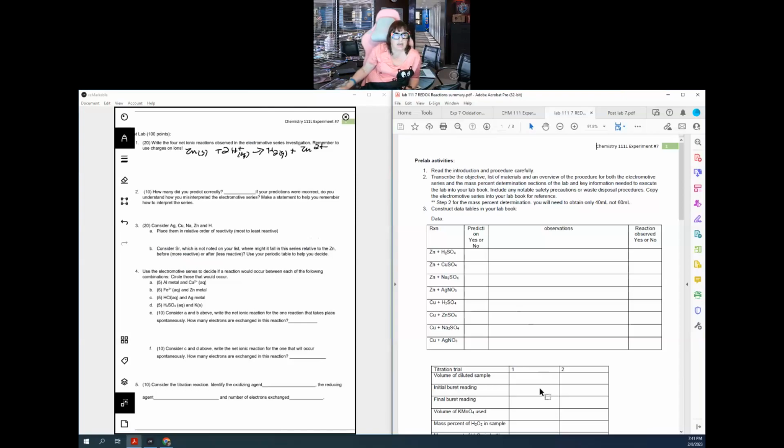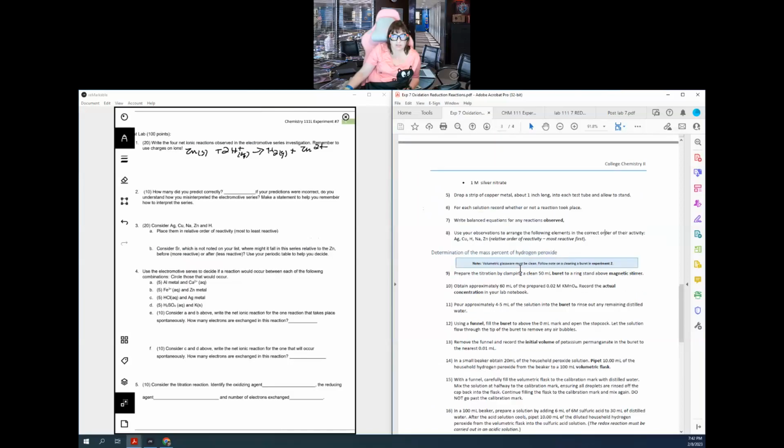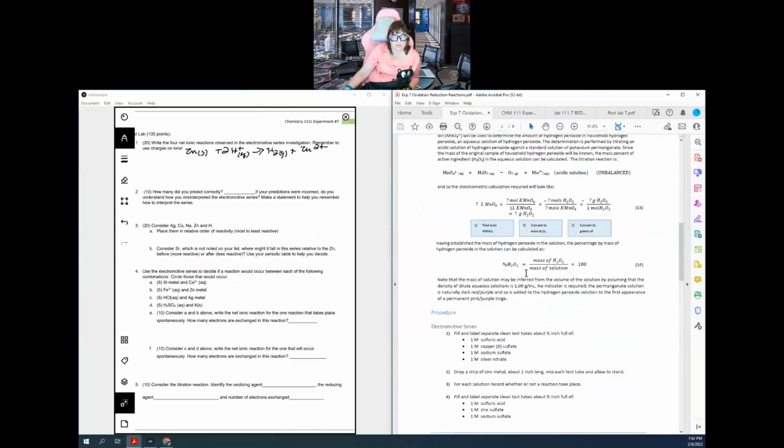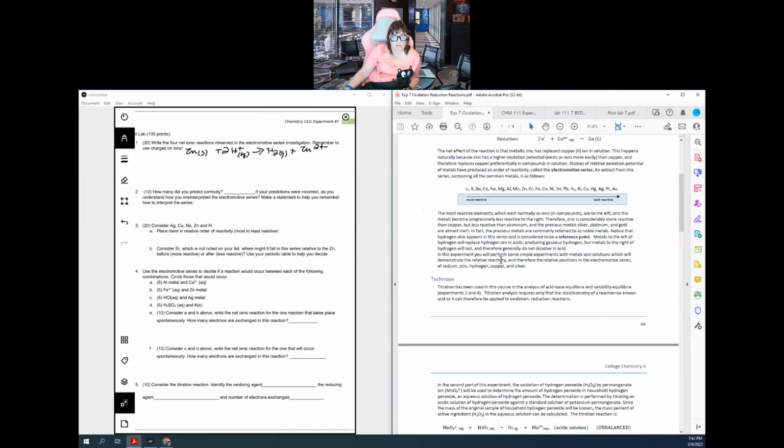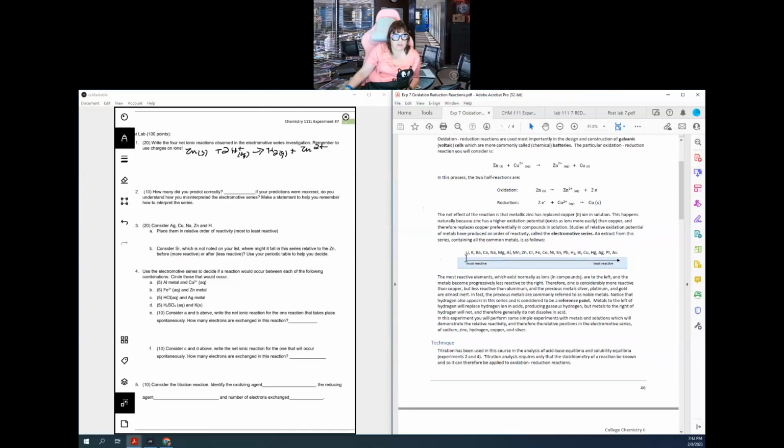We're supposed to consider Ag, Cu, Na, Zn, and H. And we are supposed to put them in relative order of reactivity. So I need to compare them to this list that is right here. Okay, so what I need to do is find where they all are in the list.